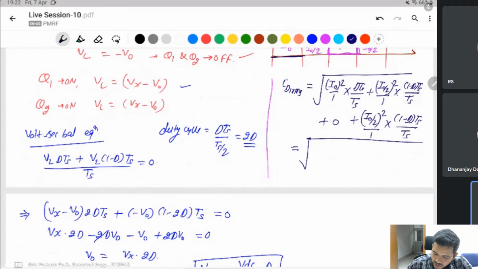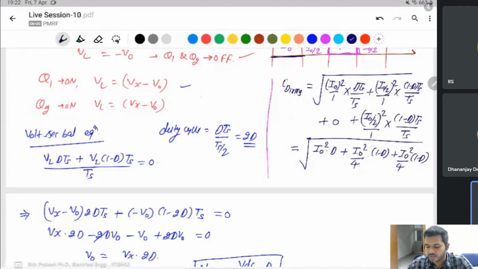Ts cancels out, so this is I naught squared into d plus I naught squared divided by 4 into 1 minus d, plus 0, plus I naught squared divided by 4 into 1 minus d.